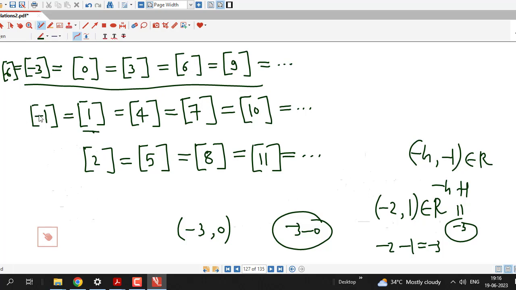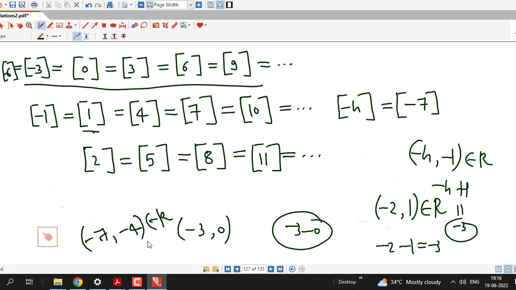So here I can see that if I consider negative integers, then also the equivalence classes are the same. -4 minus 3 will give me -7, and (-7, -4) belongs to R, because -7 minus -4, that is -3, is divisible by 3.